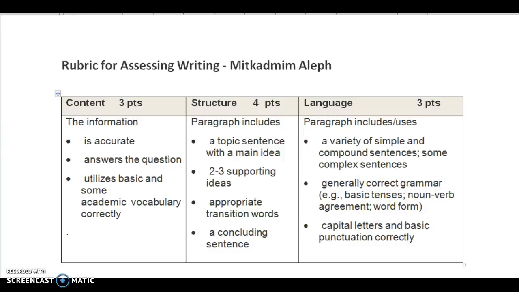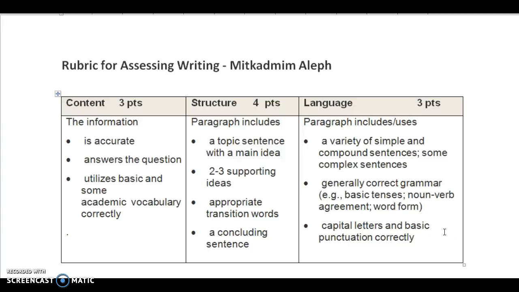We need basic, correct grammar. Present simple, past tense, subject-verb agreement, he works, they work, the right form of the word, use the verb when it's a verb, the noun when it's a noun, and capital letters and basic punctuation.